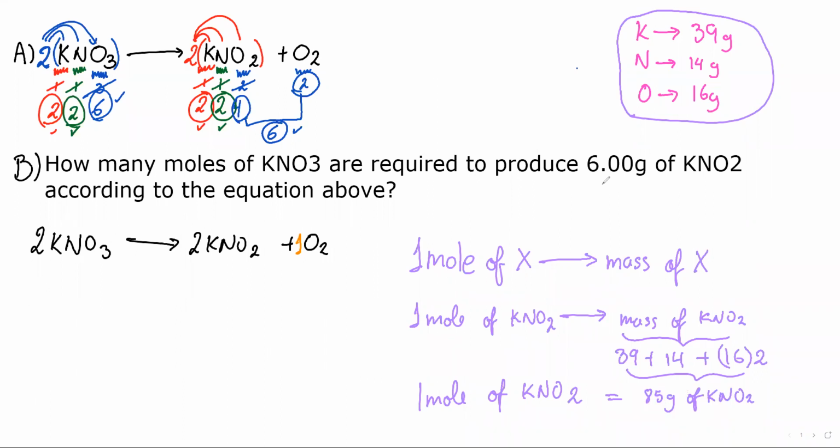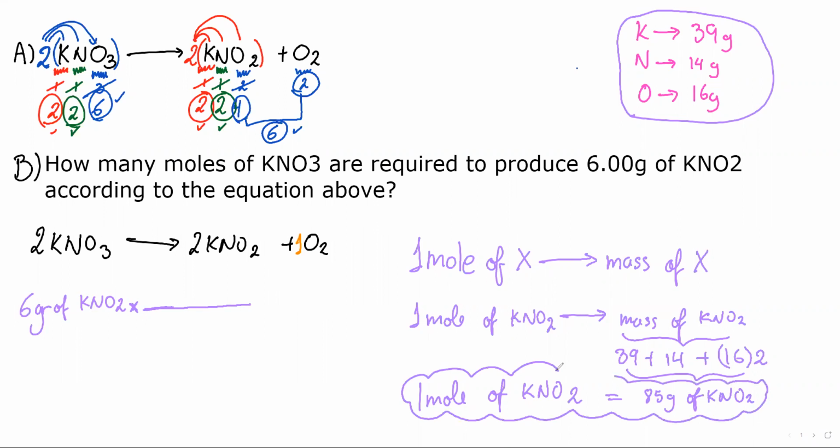So what is it that you want? What's it that you're given? You're given 6 grams of KNO2. First of all, you don't want grams, you want moles. So let's convert these grams to moles. You multiply by a fraction, and that fraction is going to be this unit rate right here.